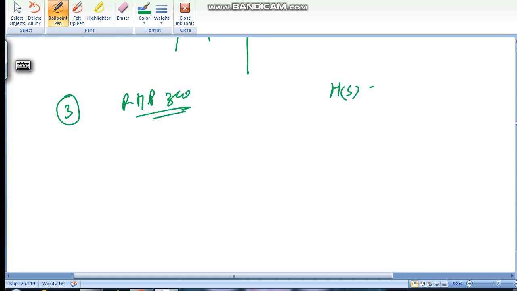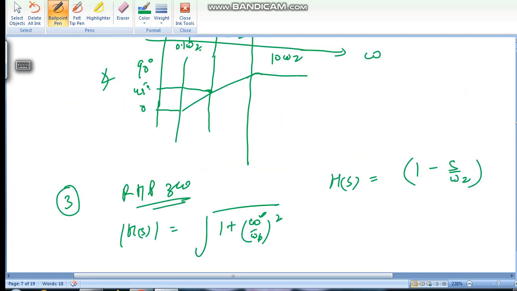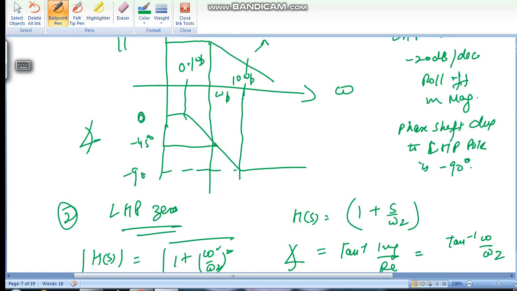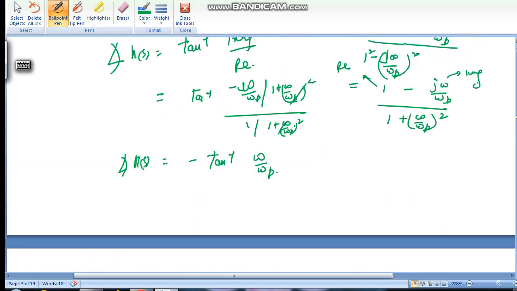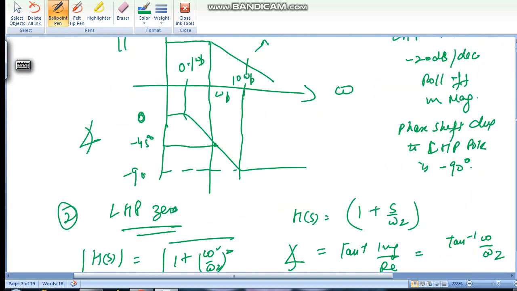So H(s) is 1 minus s by omega z. The magnitude is given by square root of 1 plus (omega upon omega z) squared, and see here the omega term is in the numerator, so as frequency increases, magnitude increases. For a pole the omega term is in the denominator, so as omega increases the magnitude should reduce.